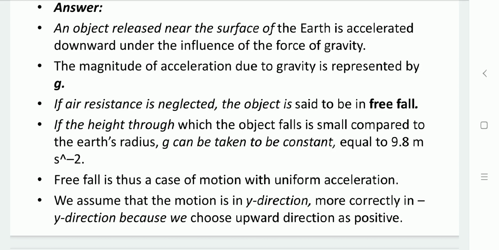Let us assume the motion is in the y direction, because we can define the variation as upward or downward. We choose the upward direction as positive y, and the downward direction as negative y.